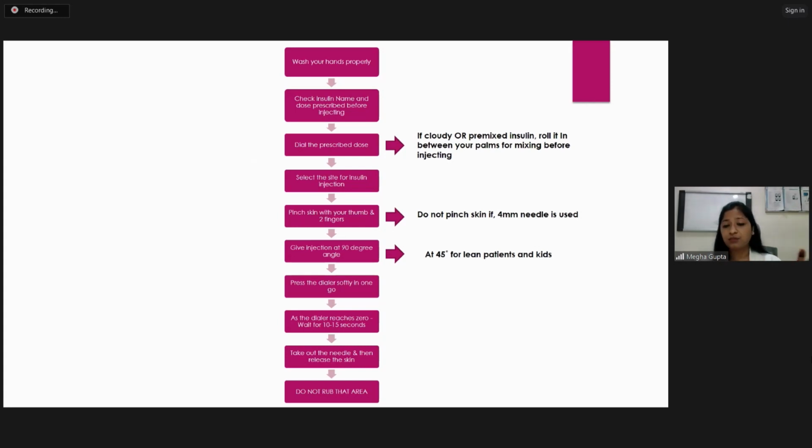Dial the prescribed dose, and if it is a cloudy or premixed insulin, it is very important to mix the insulin between their palms for 10 to 15 seconds before injecting. Then select the injection site, which should not have any hypertrophy, stretch marks, or scar.